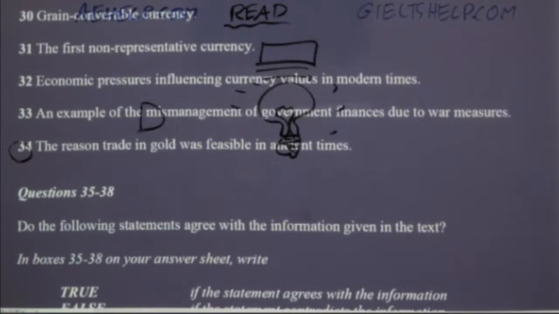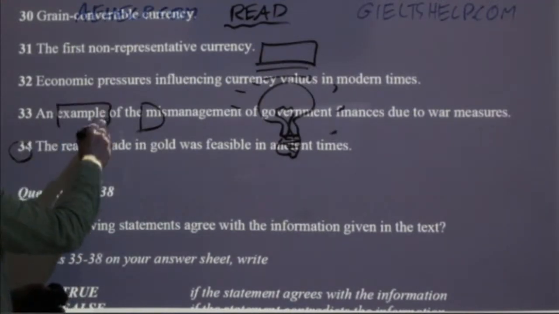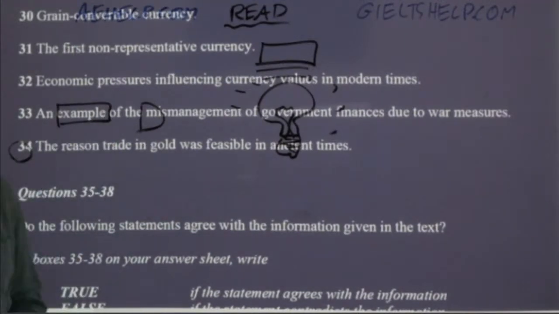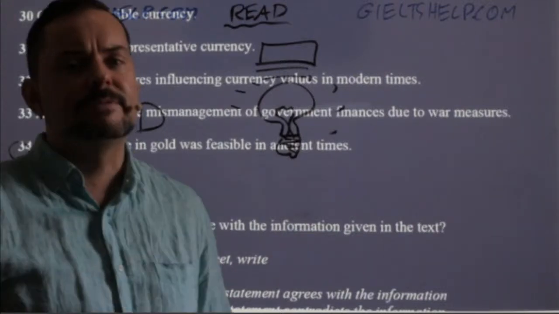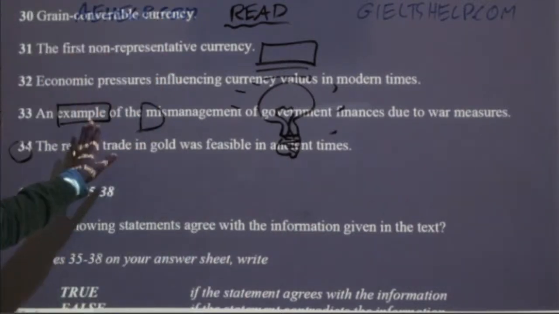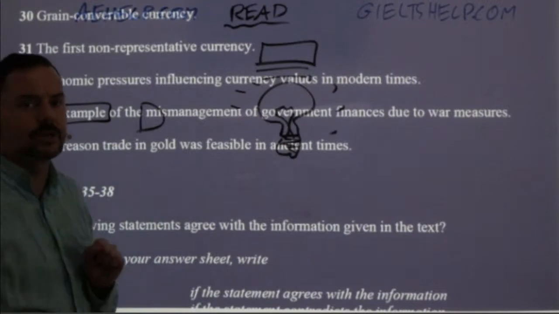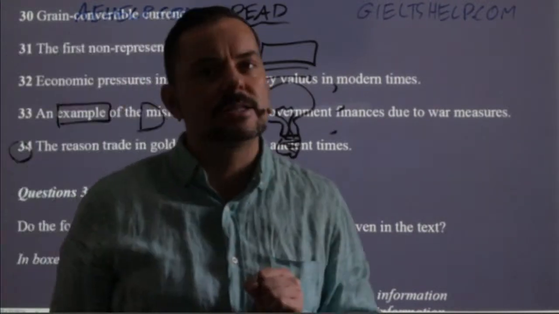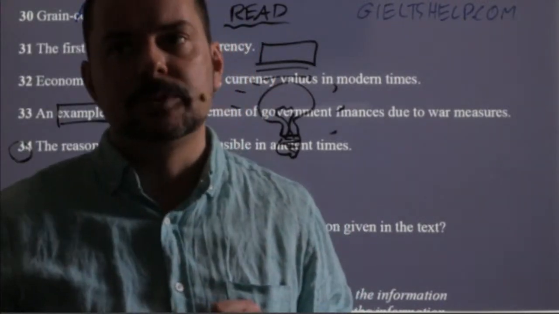And I had the word example here as well. So maybe these are related. If I picked paragraph C for this one, I might want to reconsider and think maybe that's going to be D. Do you see that?